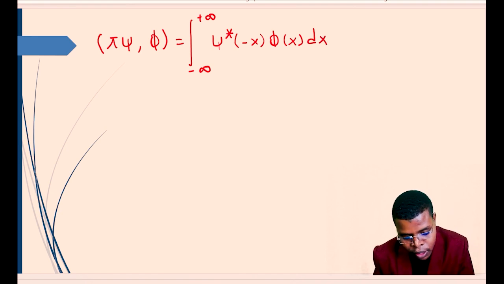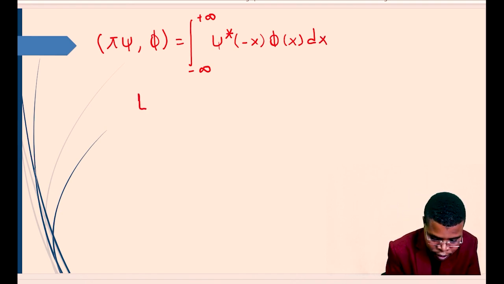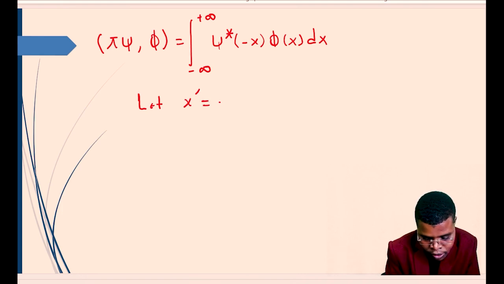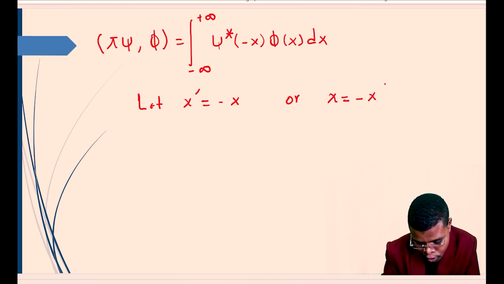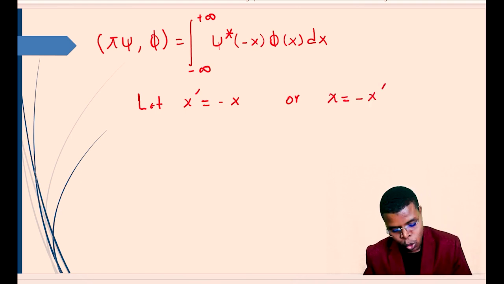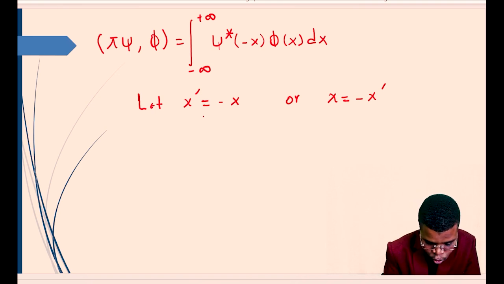So what we will do, let x′ = −x, or we can say that x = −x′ if we divide the negative sign on both sides of the equation. So let us differentiate this one.